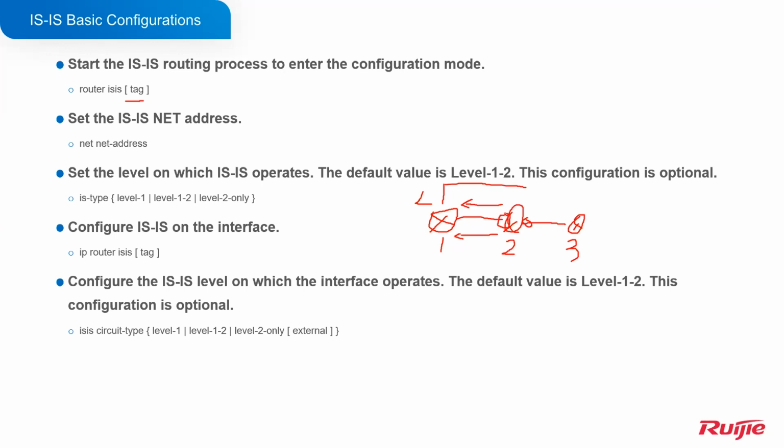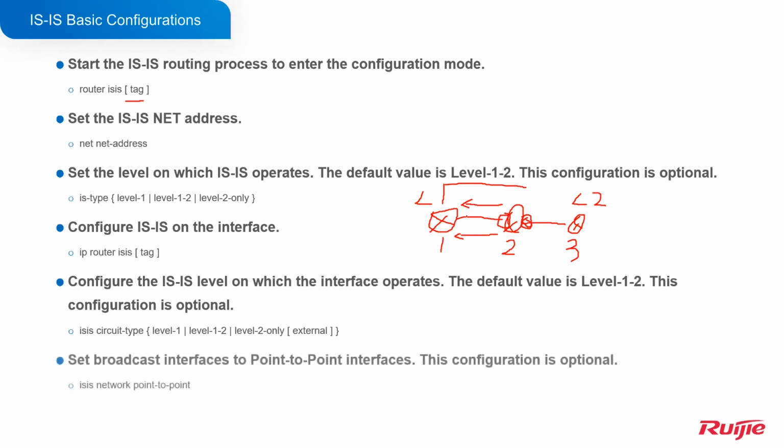So in this scenario, you can change the interface to become level 1. The command is ISIS circuit type to become level 1. And in this scenario, if you connect with route 3, and route 3 is a level 2 router, you can change the interface connected with route 3 to become level 2. Also, you can reduce the packets of level 1.